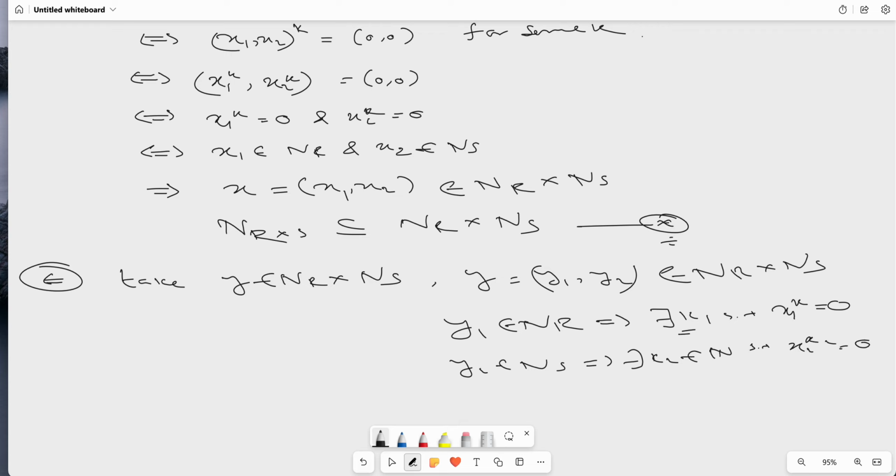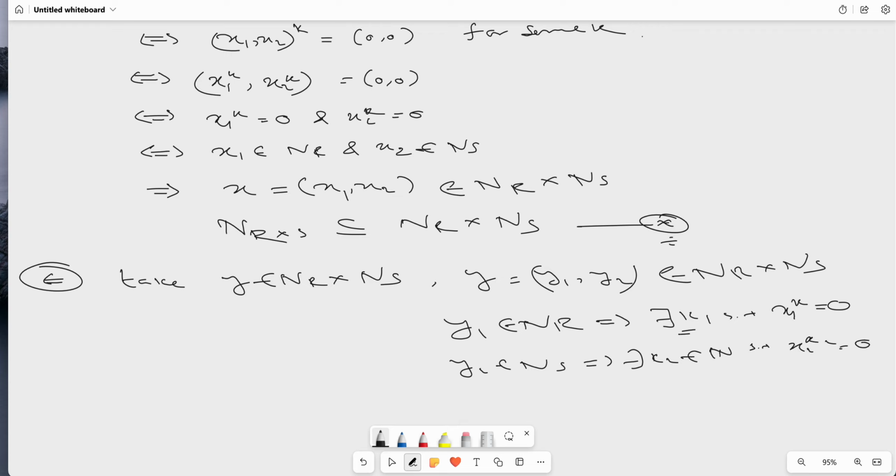So you just have to verify whether (y1, y2) is nilpotent or not. So you take (y1, y2) to the power k1 k2. What will it be? It will be (y1 to the power k1 k2, y2 to the power k1 k2), that is, k1 times k2.